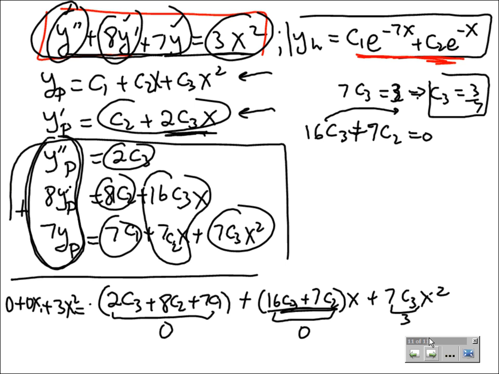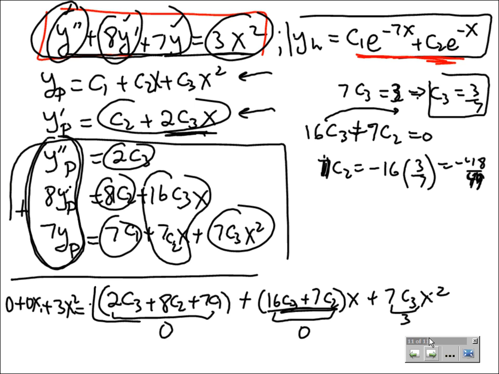Bring that over, you get 7C2 is negative 16 times C3, which is negative 48 over 7. And if you bring this 7 into the bottom, you have 7 times 7 in the bottom, which is 49. So C2 is negative 48 over 49.